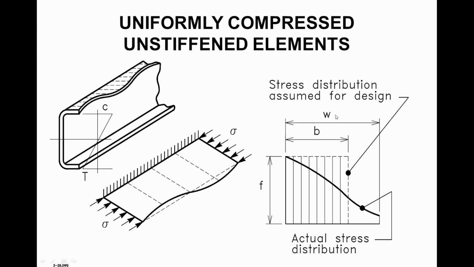So rather than use the full width in my calculations for an area or for a moment of inertia, I'm going to use an effective width that gives me the same area that would be under this nonlinear curve. So that's the concept behind the effective width equations, and this is why we see in the SFIA technical guide we have properties for full sections and for effective sections, because I do not have the full section working for me at its ultimate capacity.